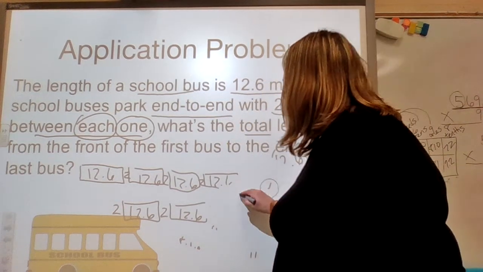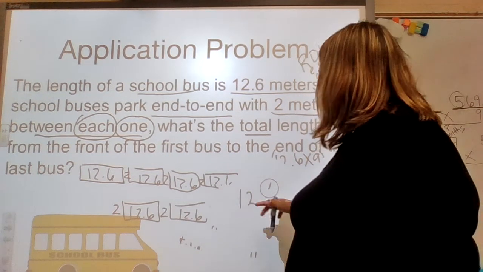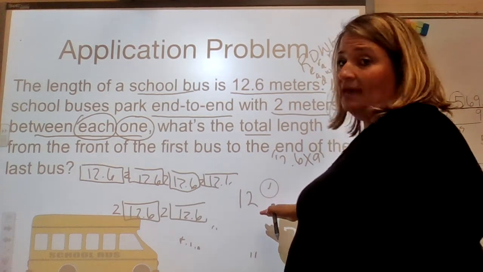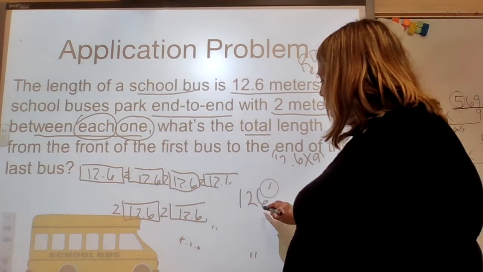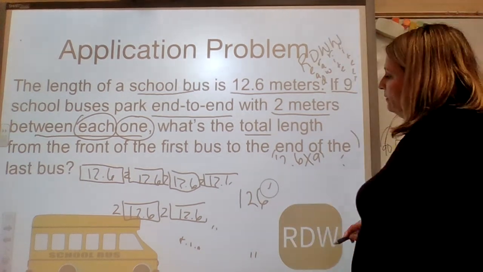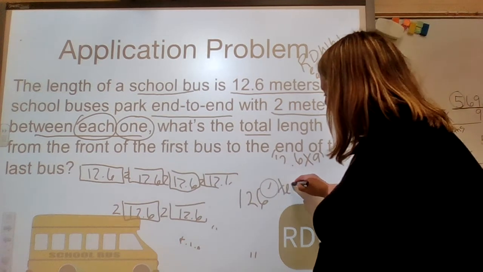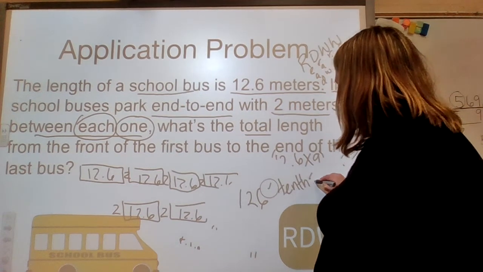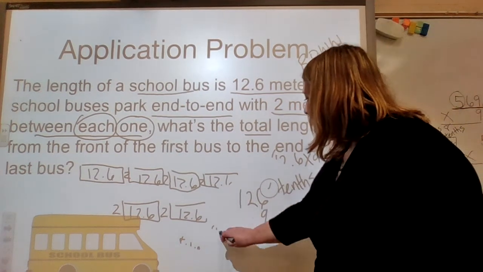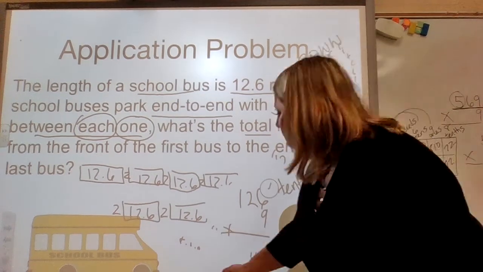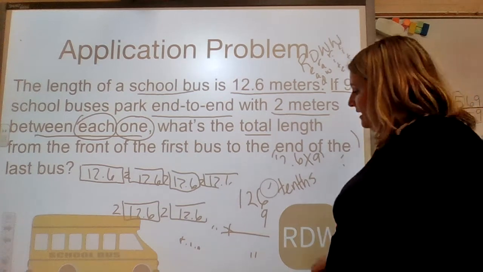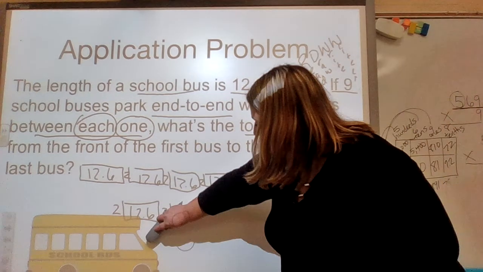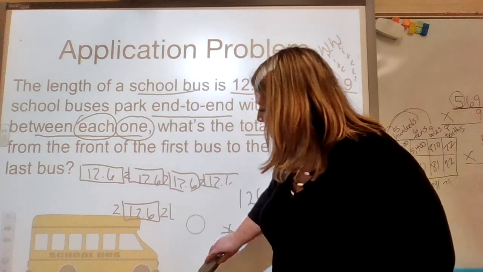I'm going to have 12 and 6/10, which I'm going to write as a whole number because I love dealing with whole numbers instead of decimals. And then I'm going to write my unit out here, 126 tenths times 9. And then I'm going to convert my unit form, which is tenths, in my product.